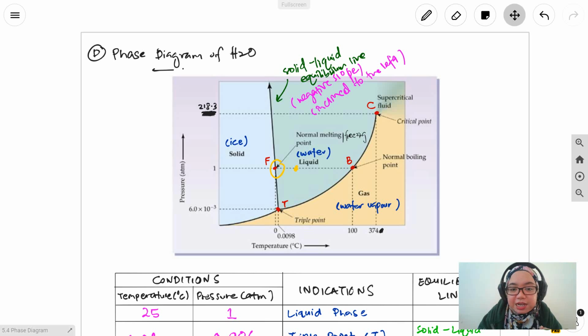Maksudnya, makin dia ke sini, bila makin dekat low temperature and high pressure, dia makin senang nak melt into water. So dekat sini, kita boleh cakap yang water lagi favorable lah at this liquid phase rather than solid phase.